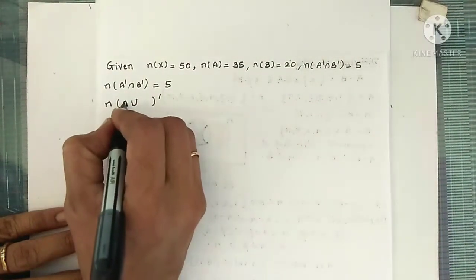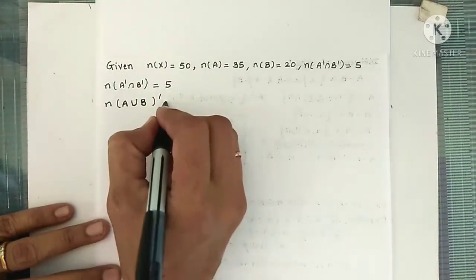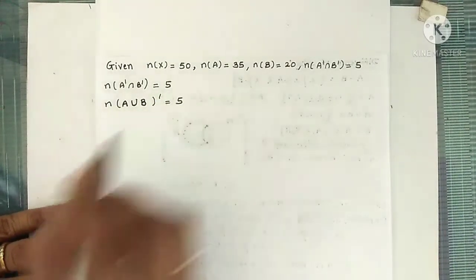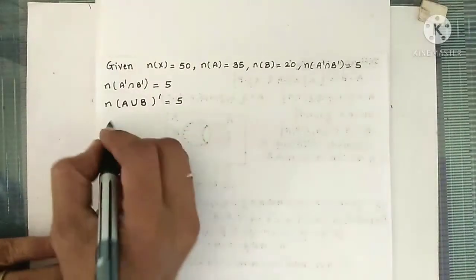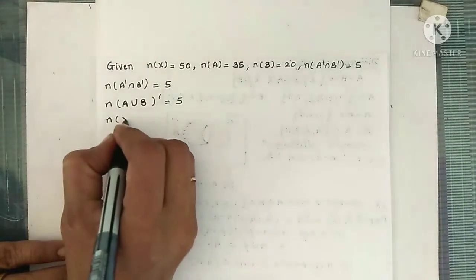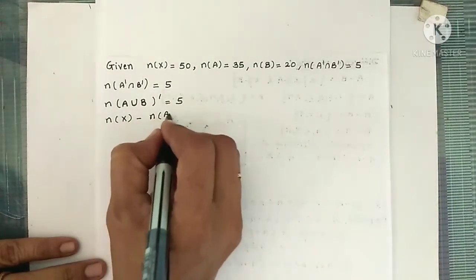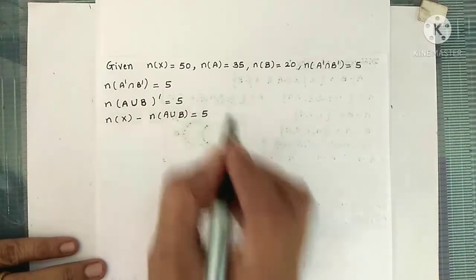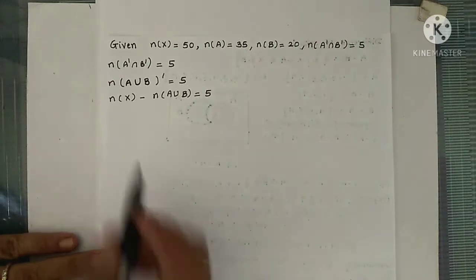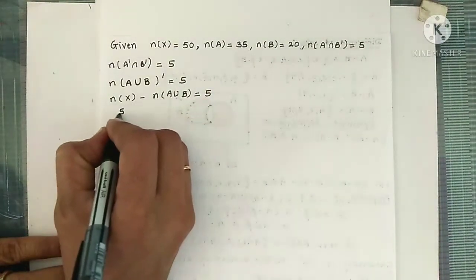So the complement of A' is A and of B' is B. So it is n(A union B)'. But whenever we have a dash outside the bracket, it is n(X) minus, and we remove the dash. So this becomes n(X) minus n(A union B), and it is 5 now. And we have the value of n(X), which is 50. So let's substitute that.